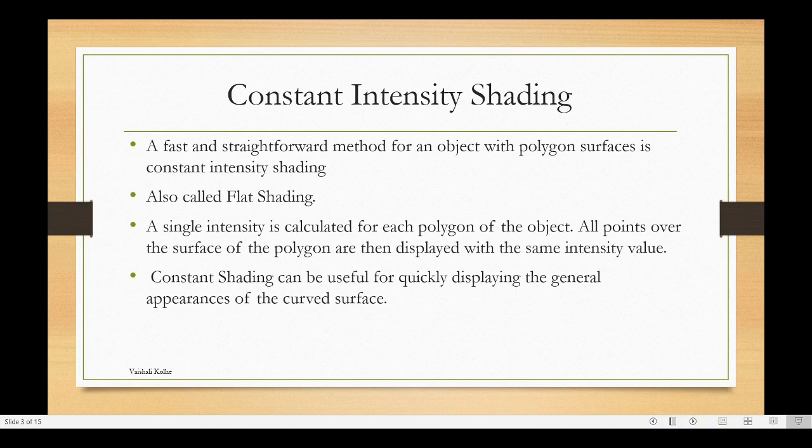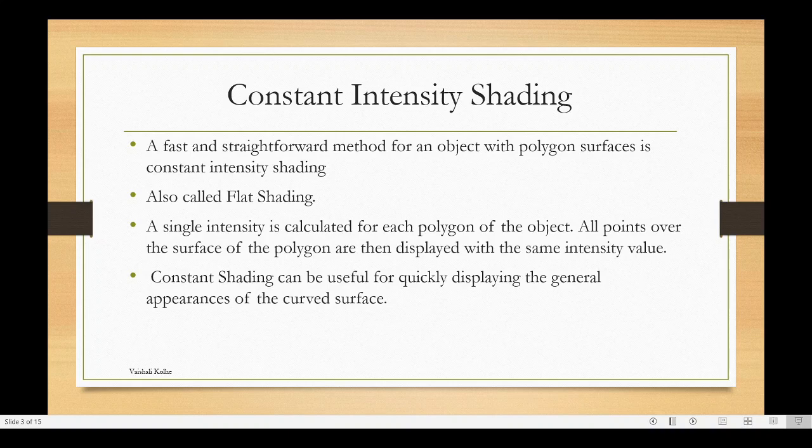This is a fast and straightforward method which is used to find the shading of polygon surfaces. It is called the constant intensity shading algorithm or flat shading algorithm because the entire surface is shaded with a single intensity. So a single intensity is calculated for each polygon of the object.